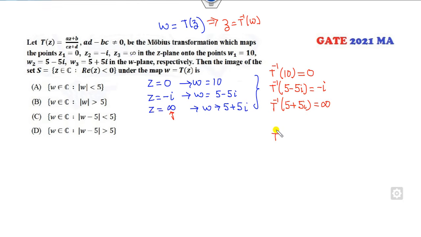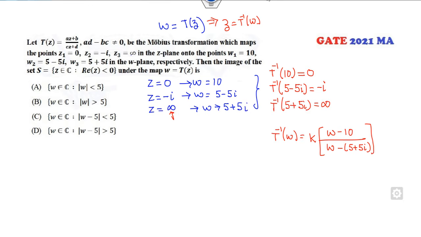So based on this you can clearly say how I can define this. When it is 10, it's 0. Whenever it's 5 plus 5 iota, it is infinity. And the rest of the thing I can write as this one.